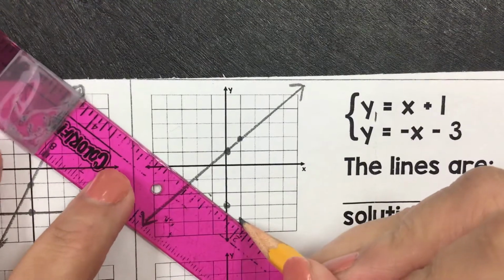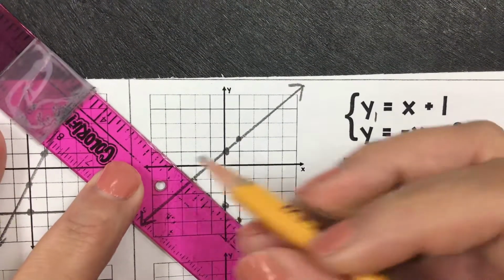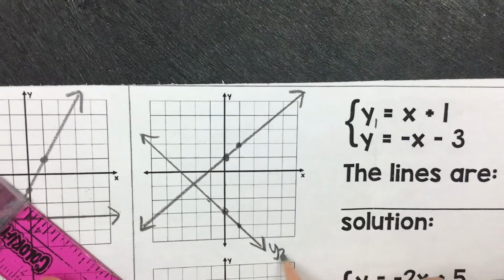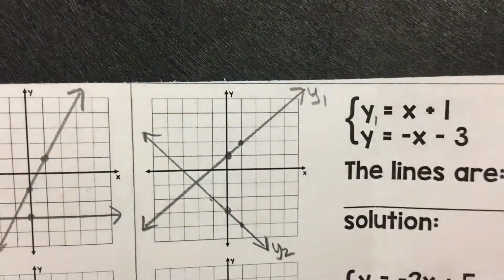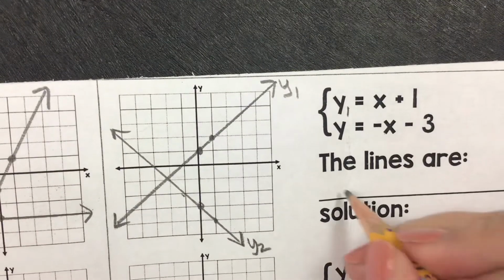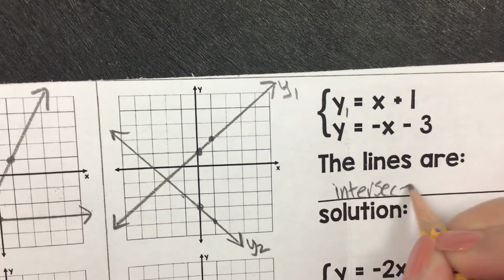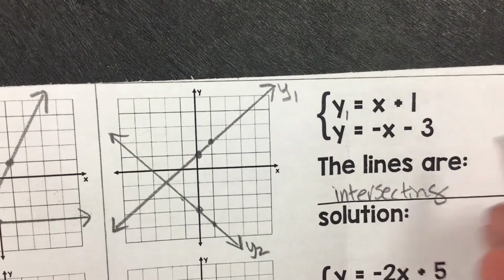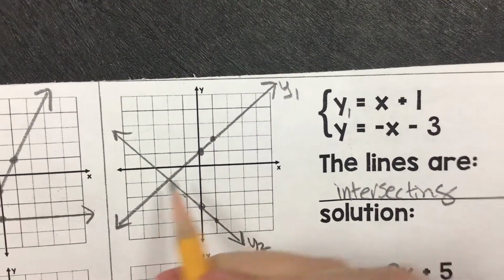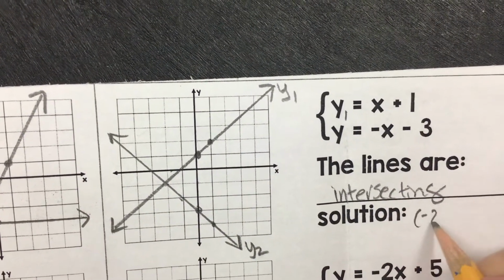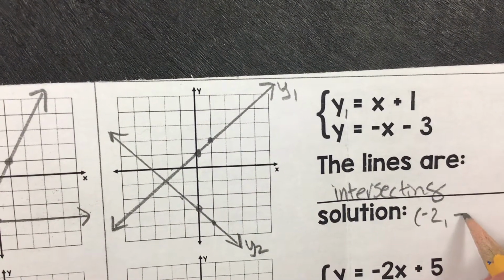And I just did the opposite to make sure that I found that point of intersection. So this one was the y2 and this one was the y1, and the lines are intersecting. The point of intersection is this ordered pair right here that looks like it's -2, -1.